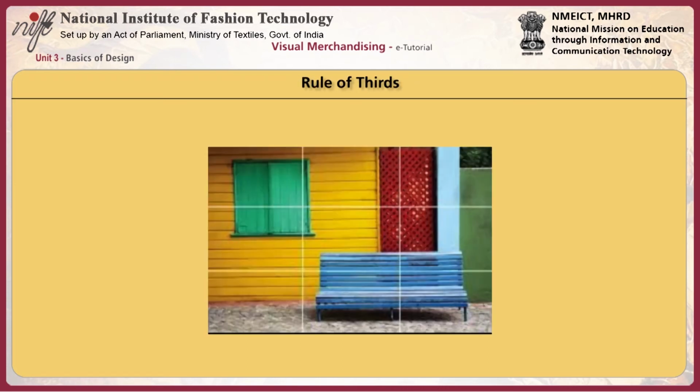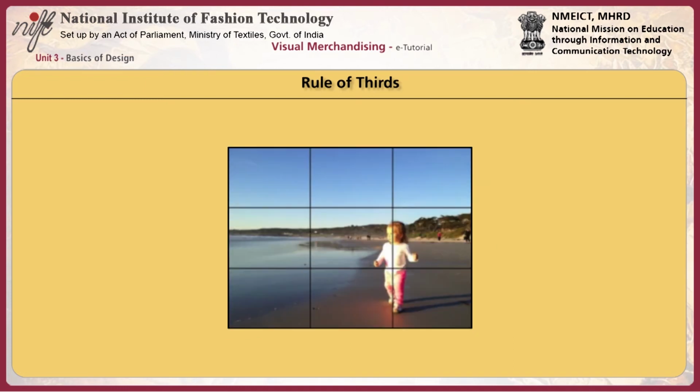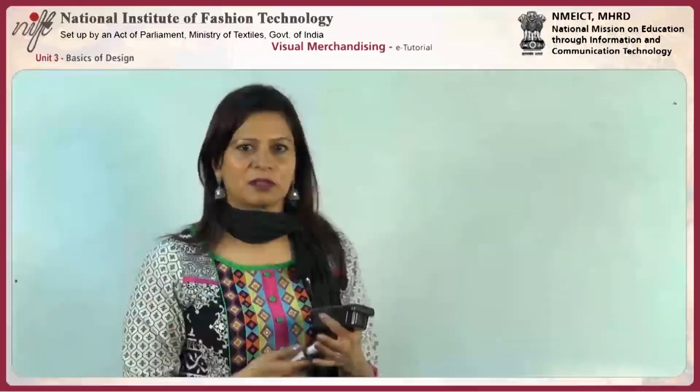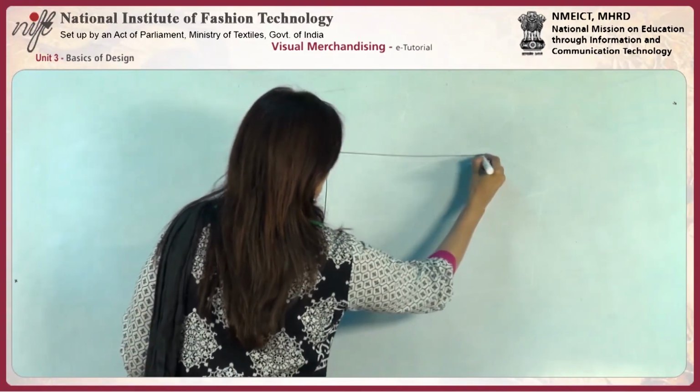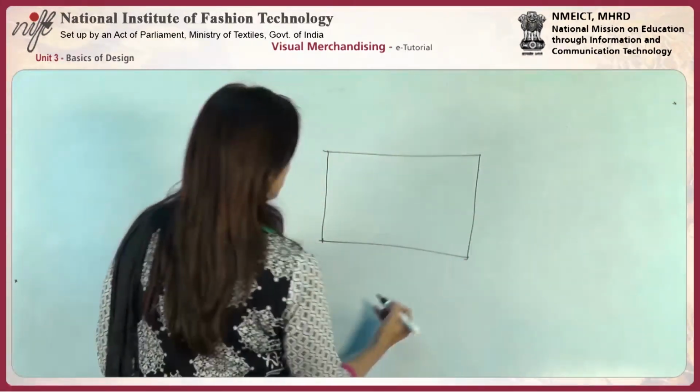The next and the last part of it is rule of thirds. It's one of the important factors when you are doing a window display. This picture is explaining the rule of thirds. So what is rule of thirds? Suppose this is my frame.